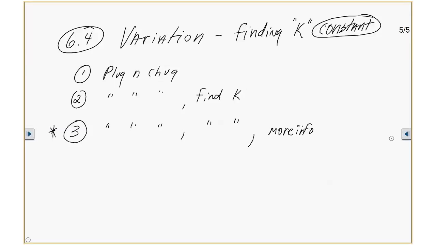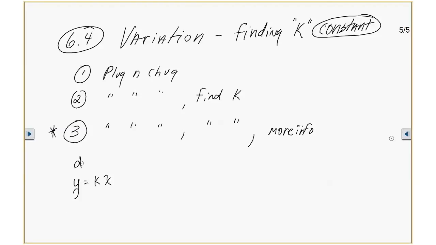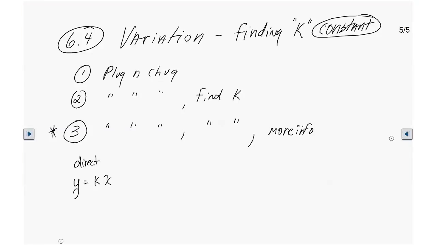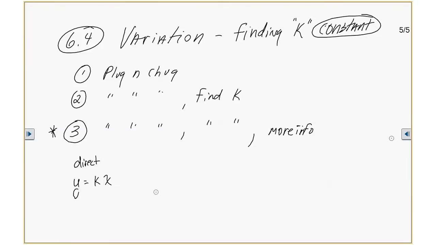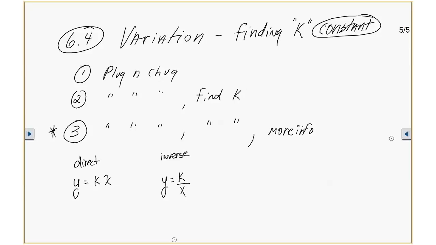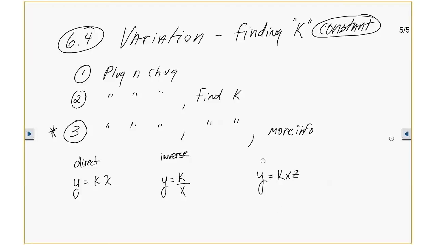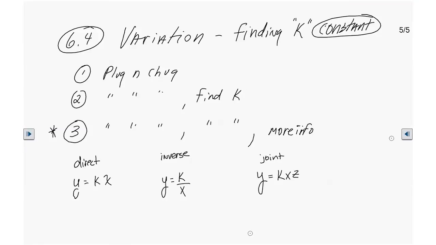All right, so write this down, and there's 3 types of problems. There's 3 different formulas you're going to use. Y is equal to K times X. That's direct variation. Y is equal to K over X. That's inverse variation. And then Y is equal to K times X times Z, and that's joint variation.